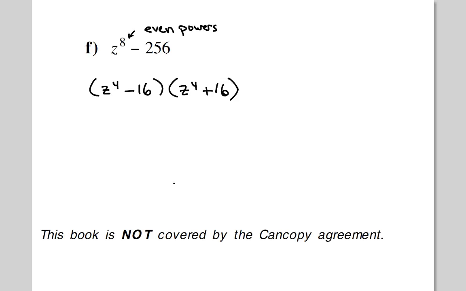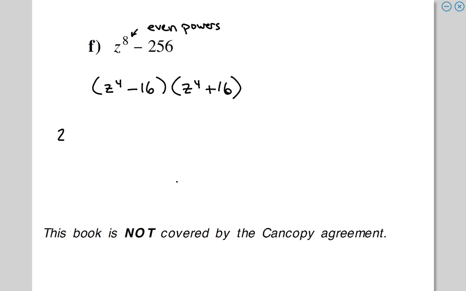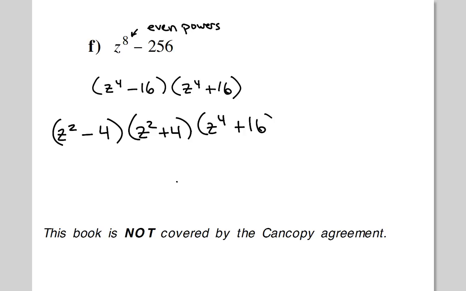Am I done? Keep going on which one? Good, difference of squares. So we always get half the power. z^2 minus 4, z^2 plus 4. And don't forget to copy the last one you didn't touch. It's still there. Oh, Daoud said I'm not done. Which one?